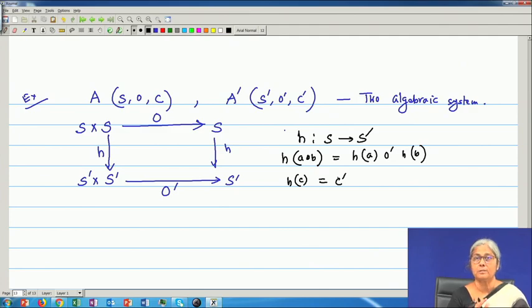So, in this lecture we have read some algebraic systems like semigroup, monoid and group, and how from one algebraic system we can get to another by applying some function.